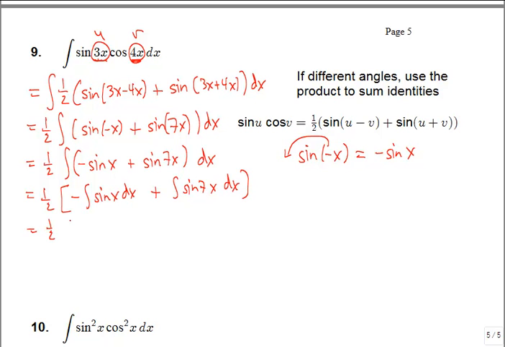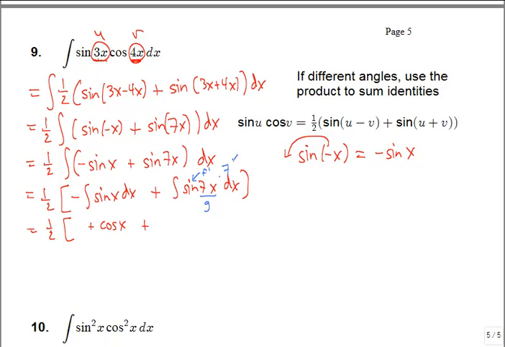So we get 1/2 times bracket negative. The integral of sine is negative cosine. So these minuses are going to cancel out and make this become just a plus cosine. Then for this one, be careful, because you don't just have a sine of x, you have a sine of 7x. So your outer function is the sine, your g, or your inner function, is the 7x. You can't integrate this unless you also have g prime present, which wants to be a 7.